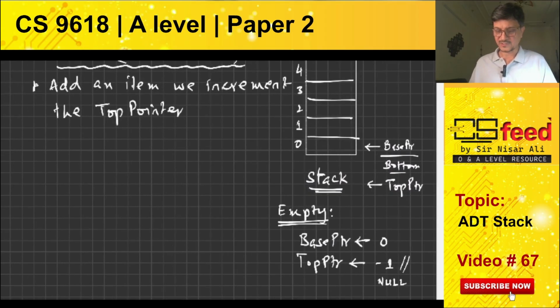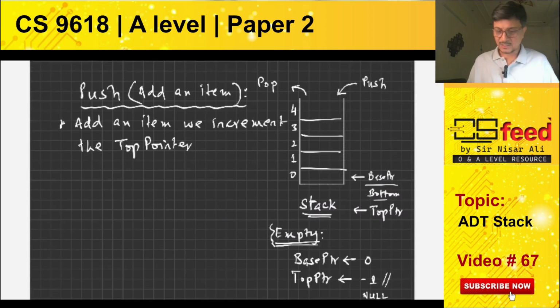All right, this is the special case. And while adding and pushing a value into the stack, what we are doing is actually incrementing the top pointer. All right, so push means add an item, we increment the top pointer.